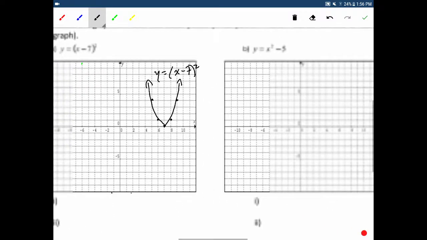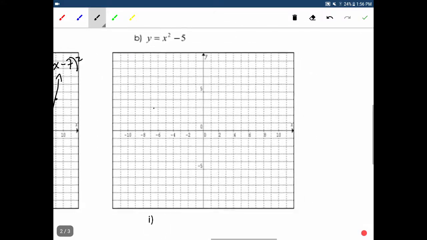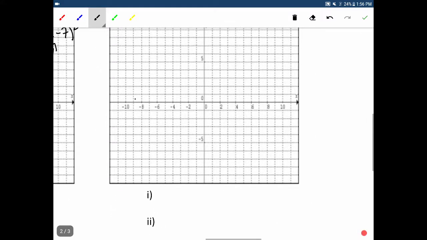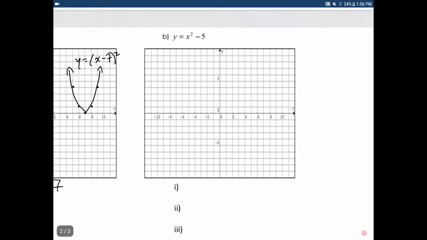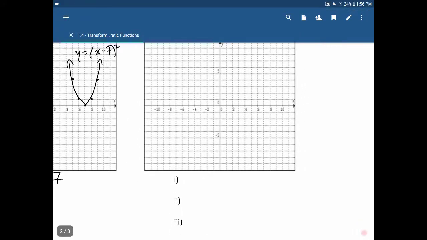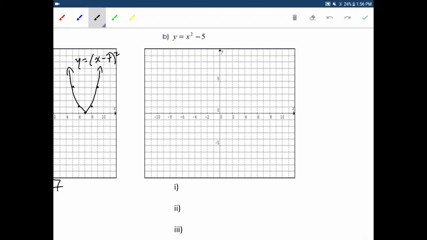All right? So now we'll do one where there's no brackets here. So it's just x squared minus 5. We're going to move this one down 5.